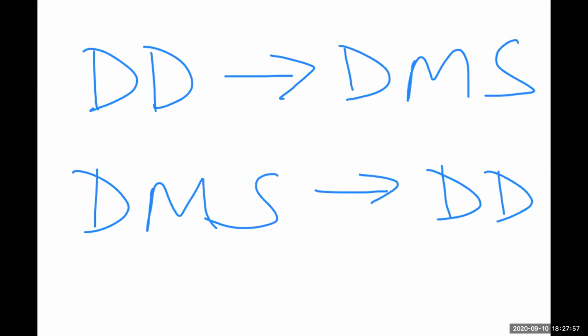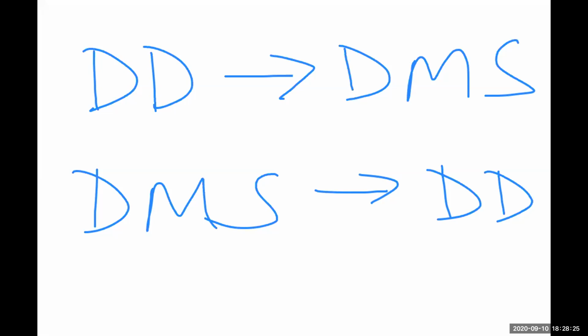So anytime we have a decimal degree, like we discussed before, we will only see it on the azimuth compass. The only time we'll see degrees, minutes, seconds is when we are working with the quadrant compass, the quadrant notation. So we have azimuth notation, decimal degrees, quadrant notation, degrees, minutes, seconds.